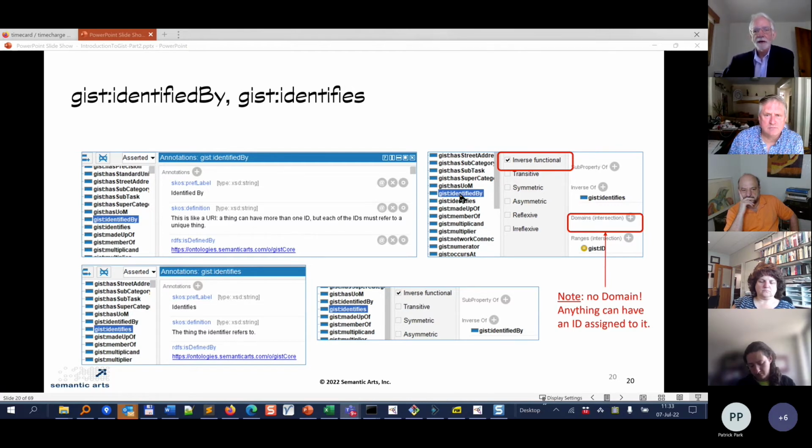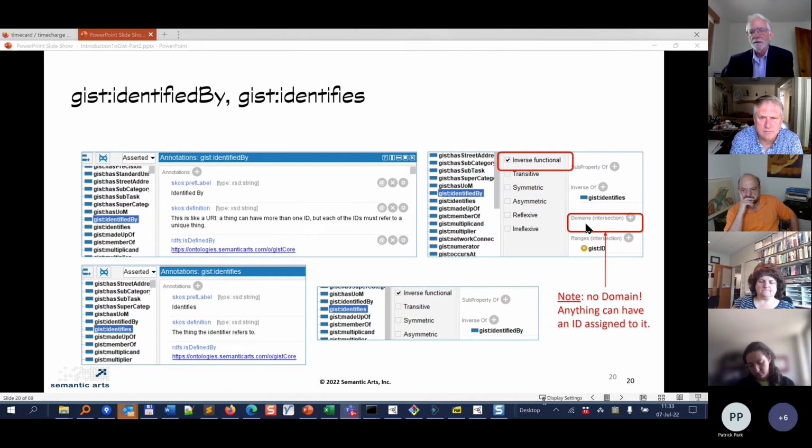And going backwards from the identifier to the thing being identified, that is inverse functional, which means there can only be one going in the backwards direction. Because otherwise it's not really identifying anything, or it's identifying more than one thing, which means it's ambiguous and not very helpful. Okay, now notice also that this property identified by, anything at all can have an identifier.